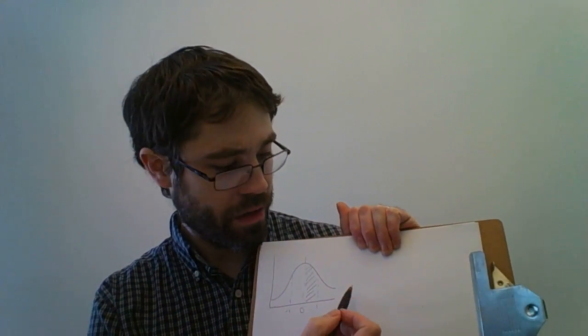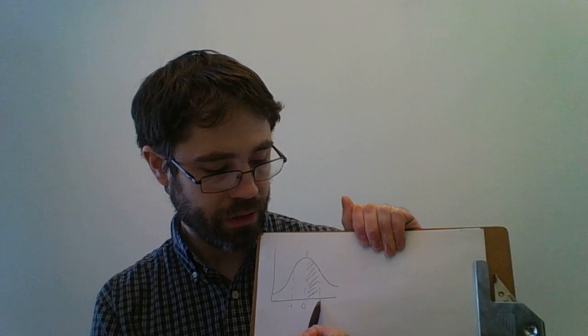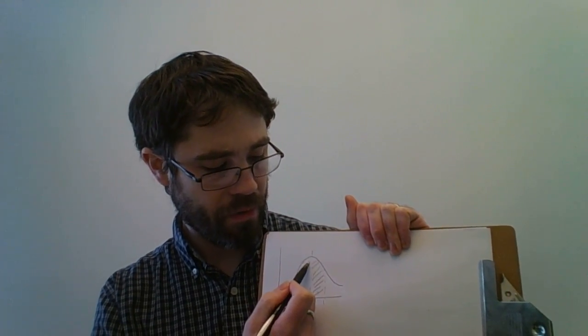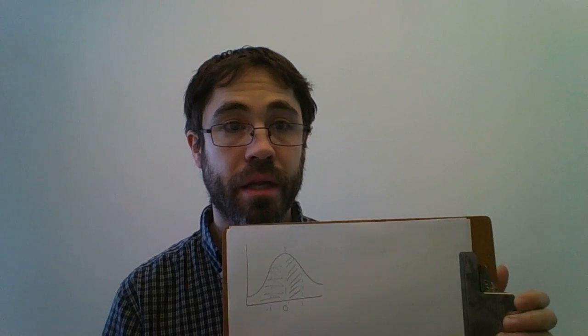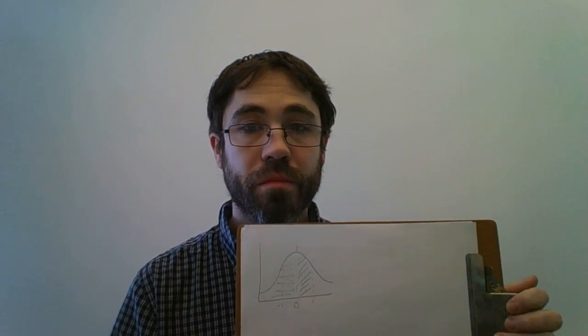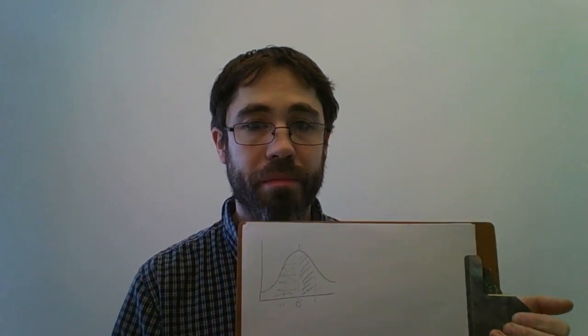To figure out the probability of a score below z equals 1, we would add that number to the 50% on the other side. So if I'm shading this, here's our 34.1% between z equals 0 and z equals 1, but we've also got this other 50% over here we need to add to it to get 0.84134, 84.1%.